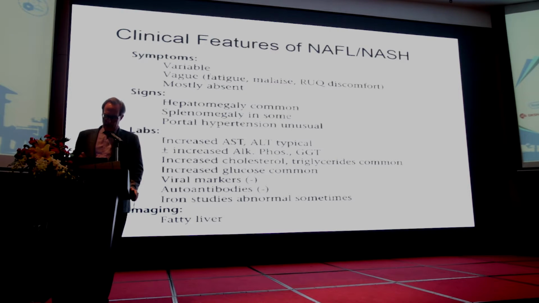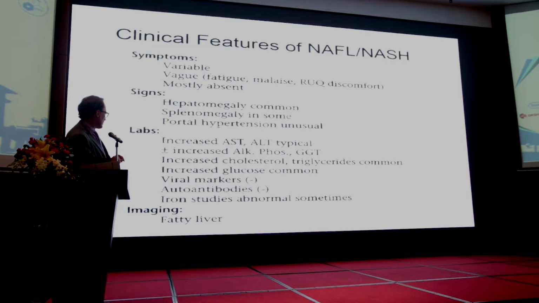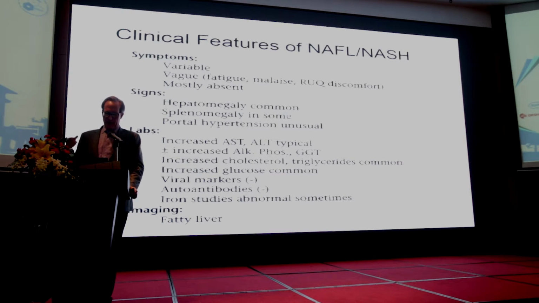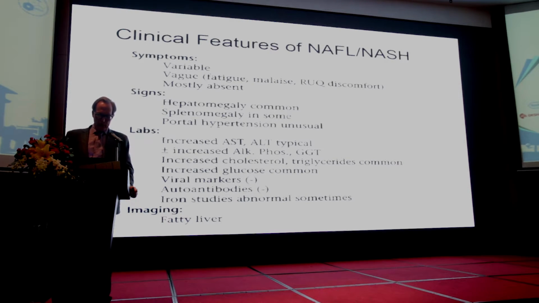What I want to emphasize on this slide is that you're going to find low-level autoantibodies in some of your patients, such as a positive ANA or positive smooth muscle antibody, or high iron tests. But this is a normal byproduct of the liver inflammation. It's very rare that a NASH patient will develop autoimmune hepatitis or iron overload.